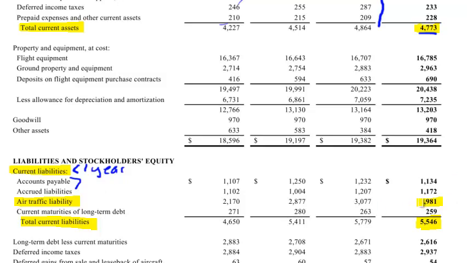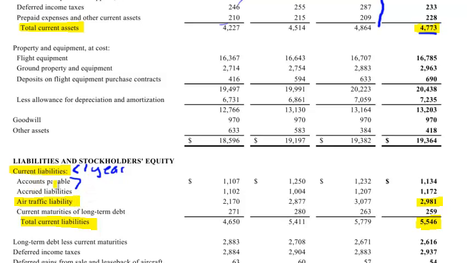For an airline, you're always going to see a big number here because customers buy their tickets in advance. You buy your ticket weeks, months in advance, and the airline collects that money and books it as a liability. They certainly have every intention of delivering the service.